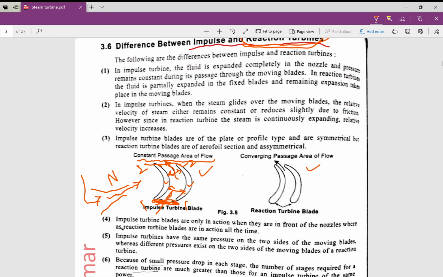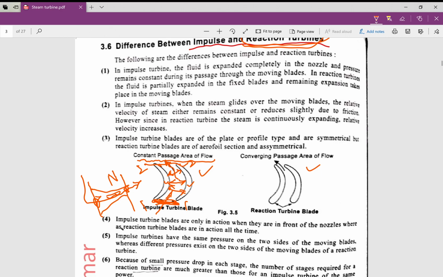It means there is a huge enthalpy drop in the nozzle part, since velocity is more over here compared to the inlet. So pressure decreases and velocity increases, and henceforth there is a great enthalpy drop taking place in the nozzle only. As a conclusion we can say that there is no enthalpy drop in the moving blade of impulse turbine. The whole enthalpy drop takes place in the nozzle.